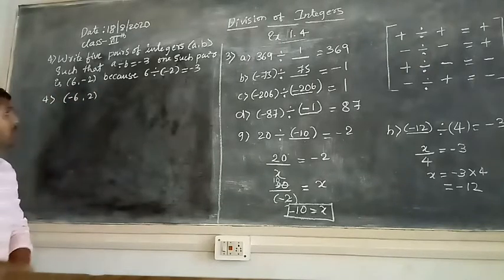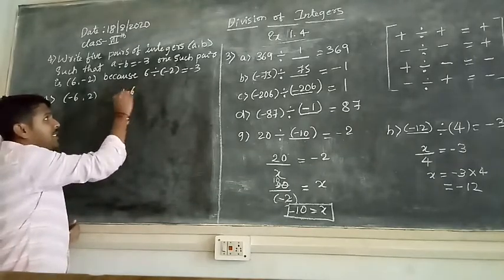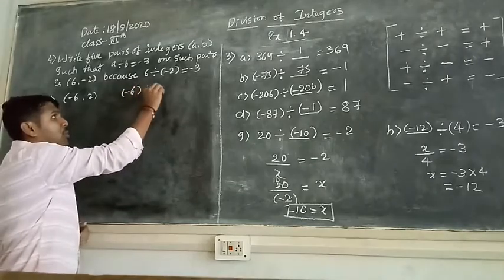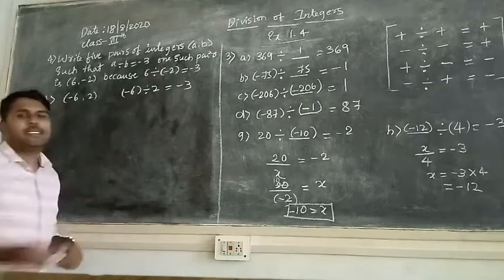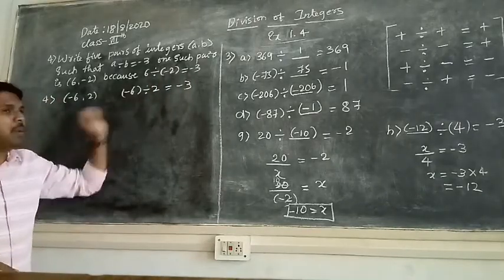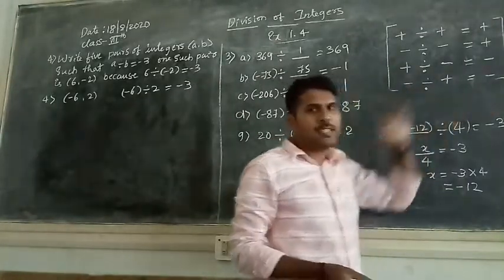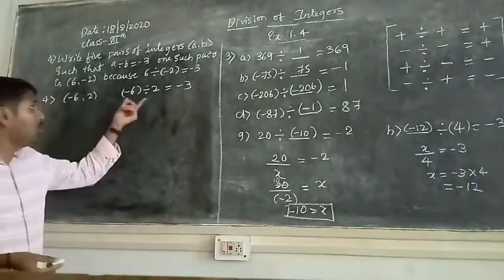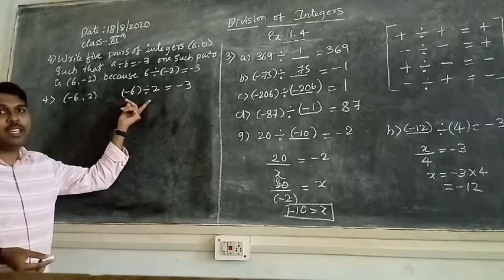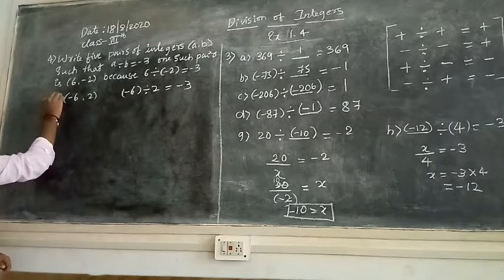We can take this one, no? Minus 6 divided by 2, we get minus 3, since 2 threes are 6. Minus divided by plus is minus, no? That means in those two integers, one integer should be minus. So this is the first one.